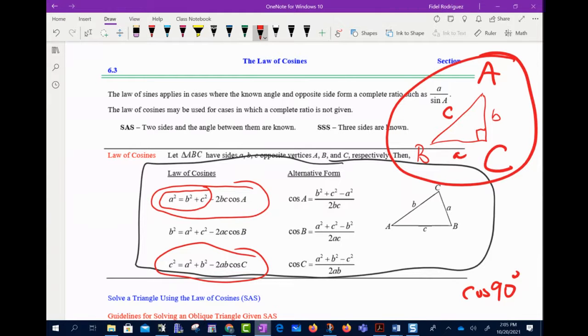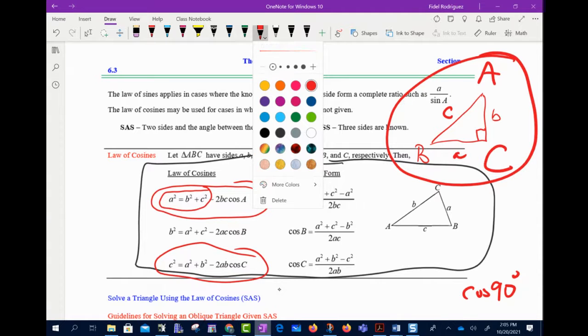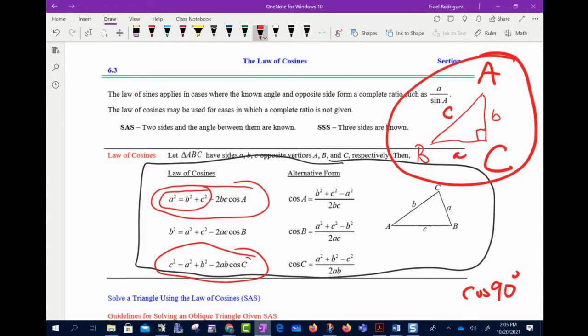Does the cosine use the x value or the y value? The x value. What did we say the x value was here? 0. So if the cosine of 90 degrees is 0, then this whole piece just goes away, and that's how we get the Pythagorean theorem. So the Pythagorean theorem is basically a special case of the law of cosines.